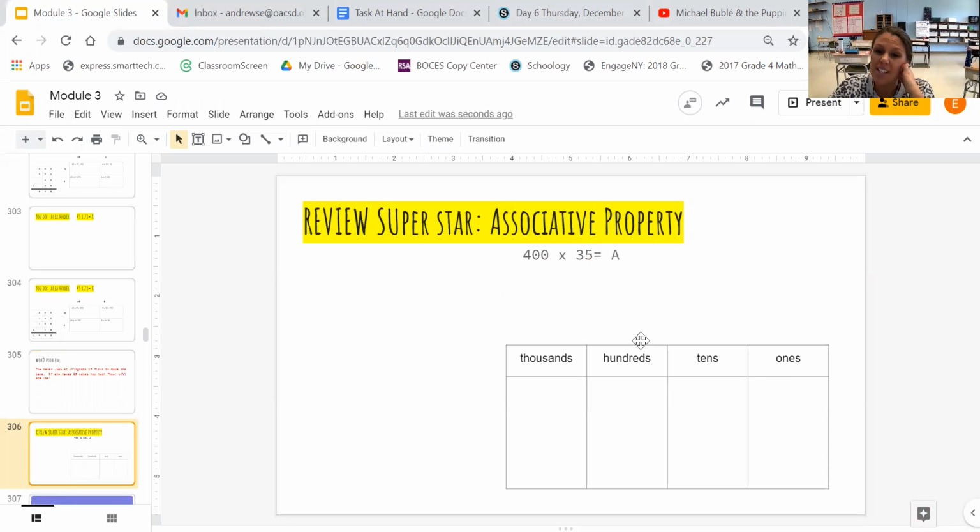So what we did with the associative property is we broke it apart into ways to multiply to get to 400. So 4 groups of 100 would equal 400. And we would multiply that by 35.